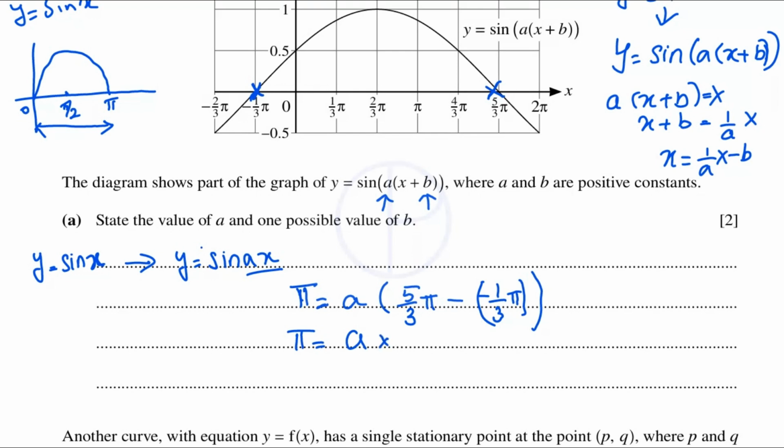A multiplied by 2 pi. So what is a? This pi and pi get cancelled. a is equal to 1 over 2.